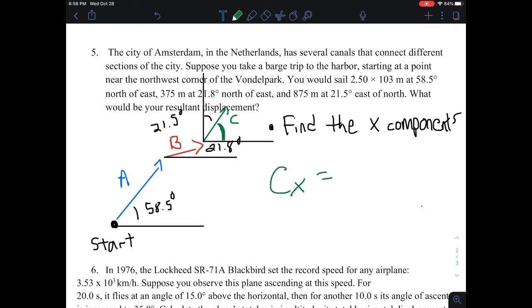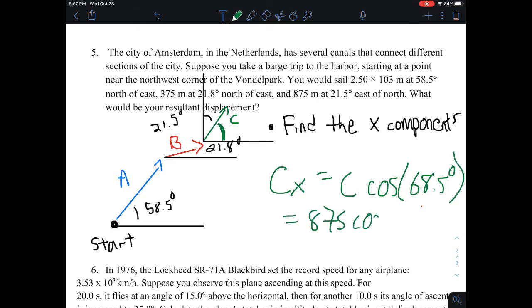So c sub x is just c times the cosine of this new angle we found, 68.5 degrees. You have to do a little math, right? That's 875 times the cosine of that angle. You can do that math, and you'll have all of the x components.